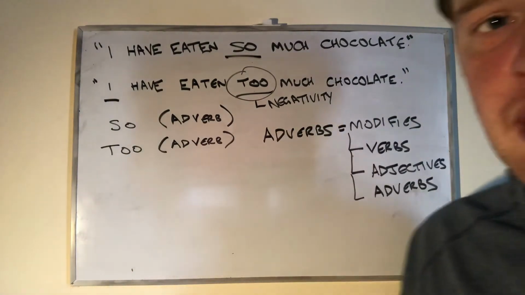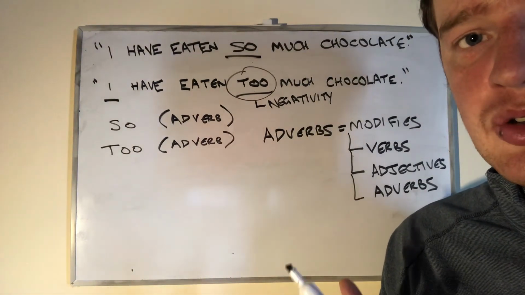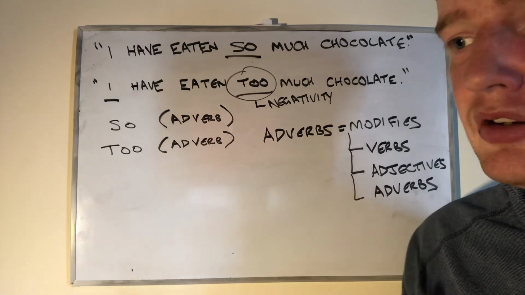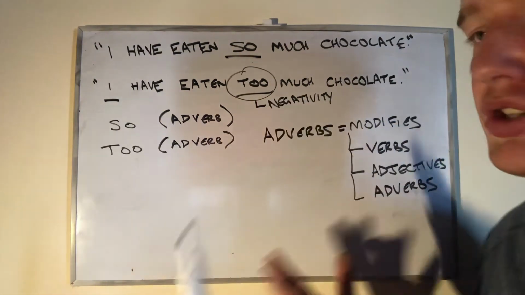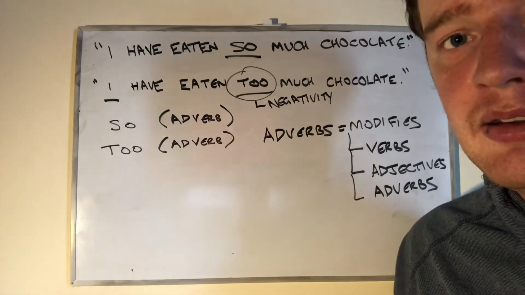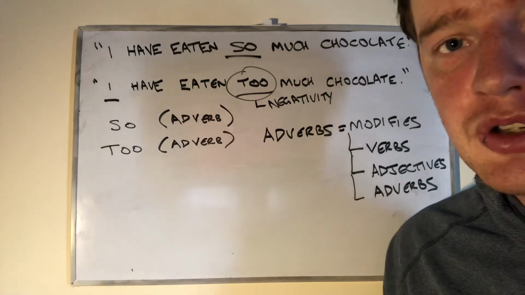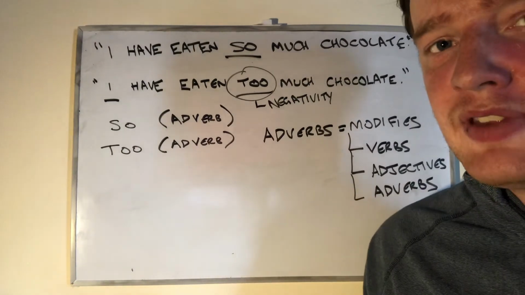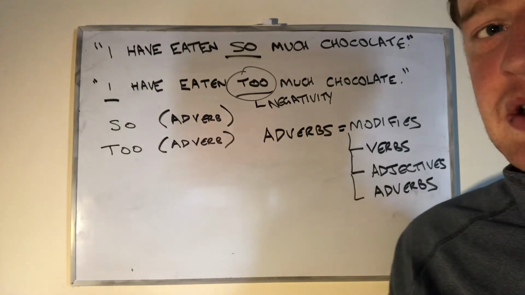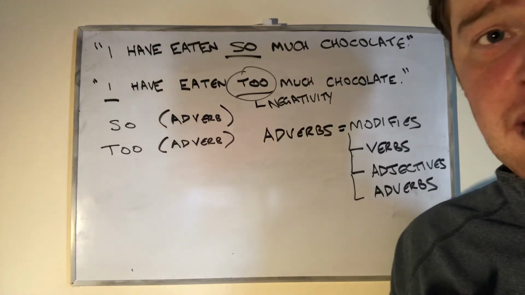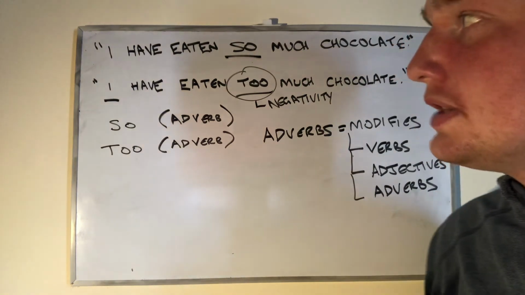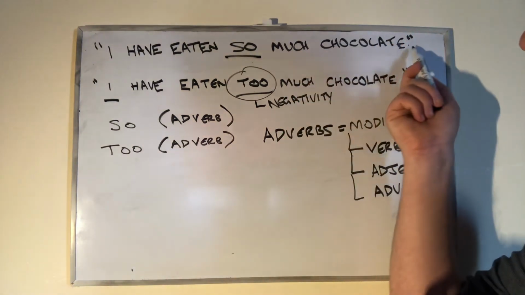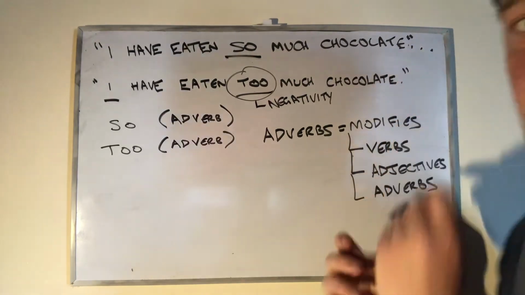So too is used when trying to express negativity, or that there's so much of something that it's a bad thing or has a bad consequence. So can also have that meaning, but it doesn't necessarily have to. It would either be indicated clearly by the context, or you would add more detail to the end of the sentence.